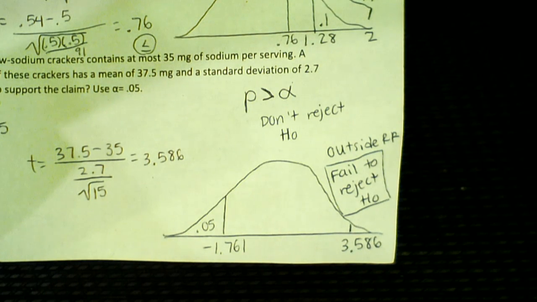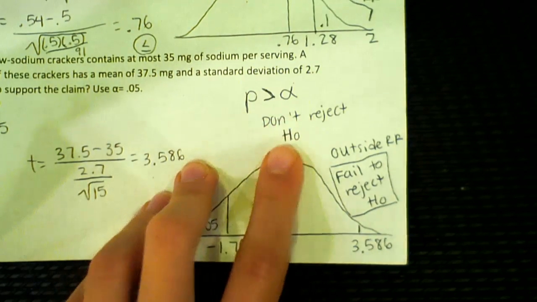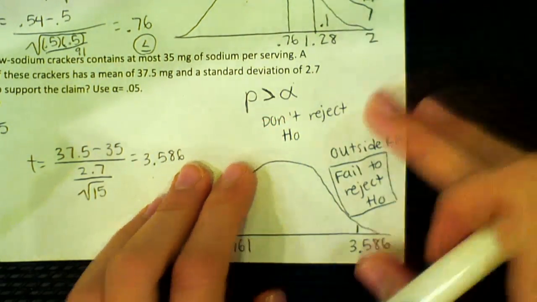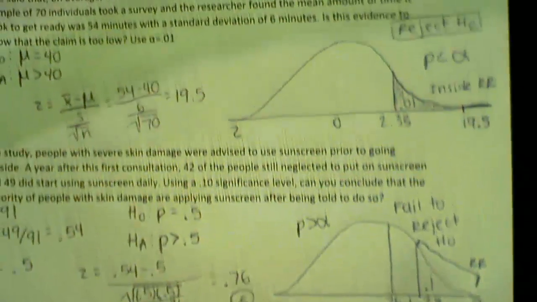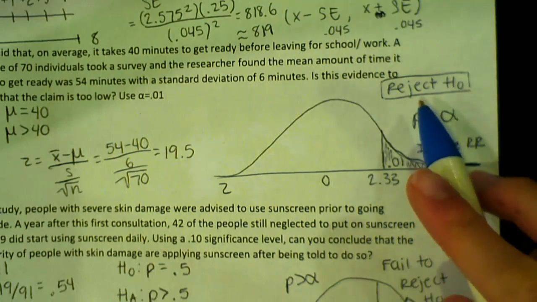Like P is equal to alpha or something. I wouldn't worry about that. Just knowing that when P is greater than alpha, don't reject H0. If P is less than alpha, like how we had with problem 15, we're rejecting H0.